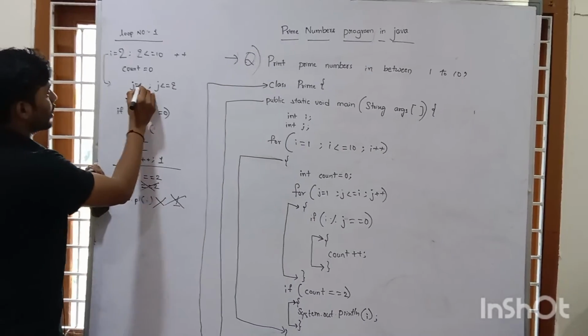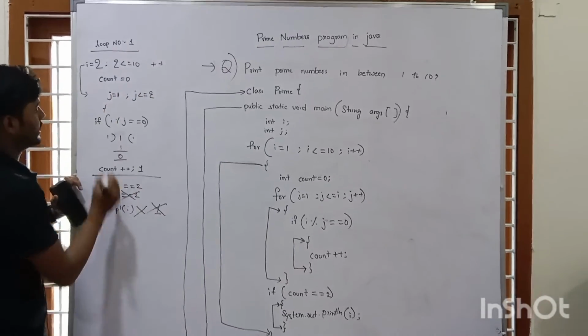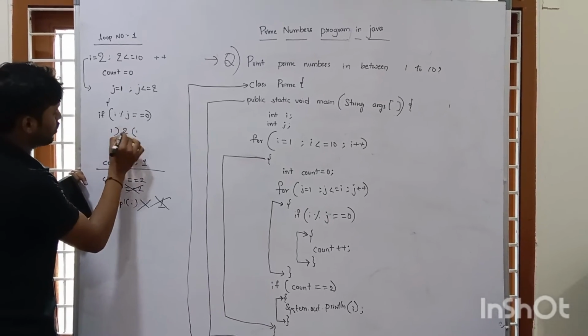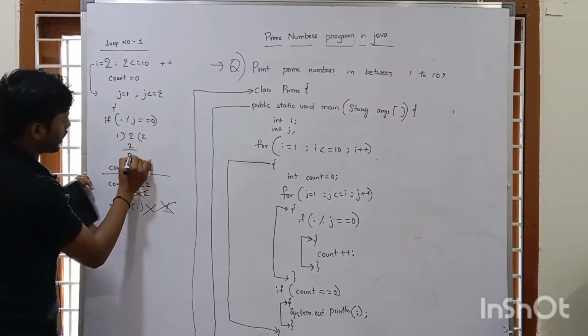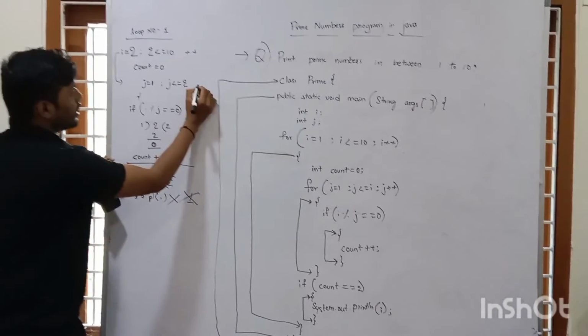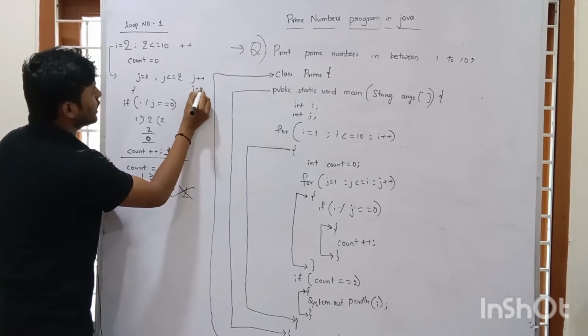Let us see here j equal to 1. 1 is less than or equal to 2. Condition is satisfied. Here i value is 2. 1 twos are 2. Remainder should be 0. So count will become 1. And again we are seeing j plus plus. So j will become 2.